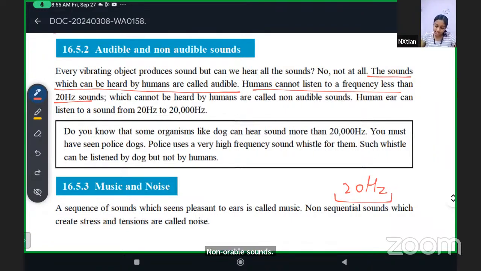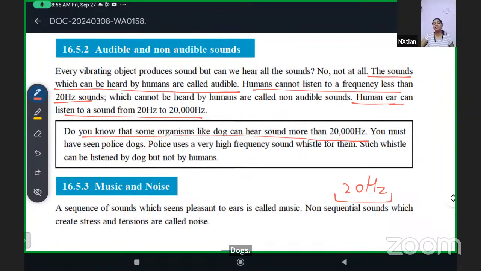The human ear can listen to sound from 20 hertz to 20,000 hertz. Do you know that some organisms, like dogs, can hear sounds of more than 20,000 hertz?